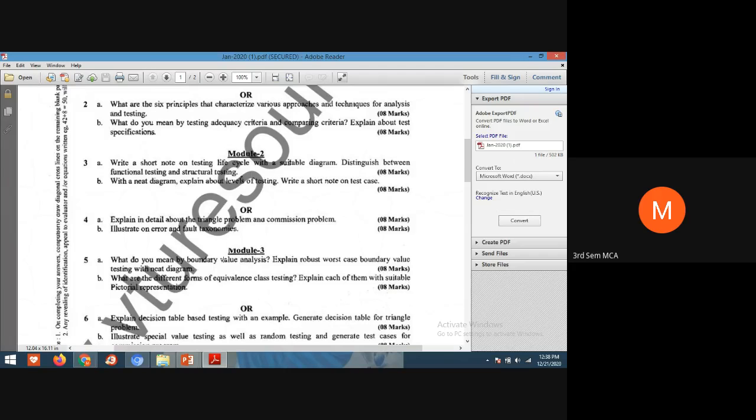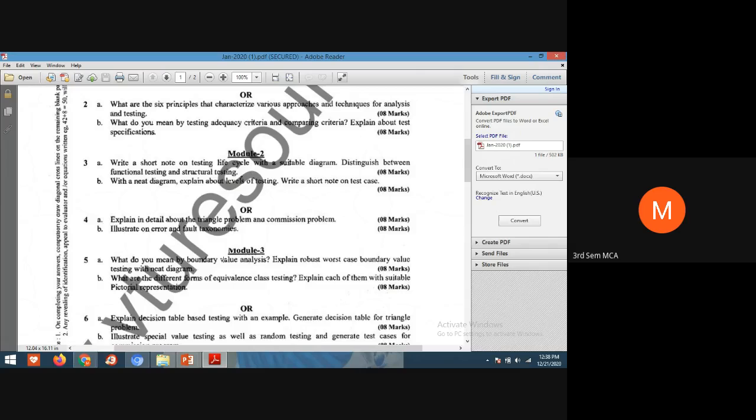And module 3, what do you mean by boundary value analysis? Explain robust worst case boundary value testing with a neat diagram. Yes, students, for boundary value we have graphs, so with the help of a graph you need to explain the boundary value.